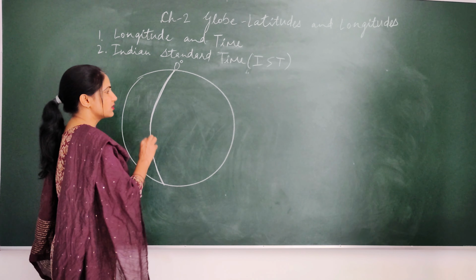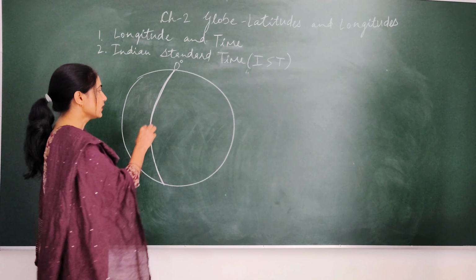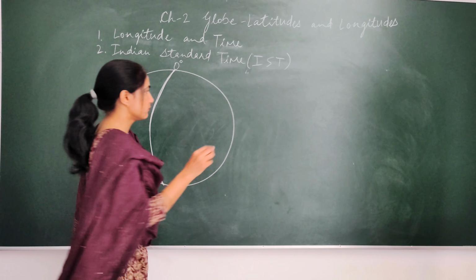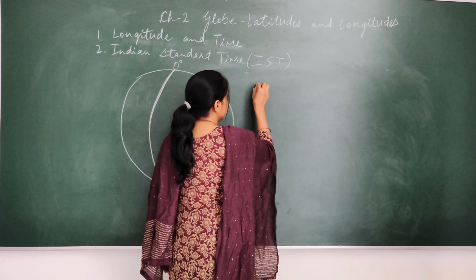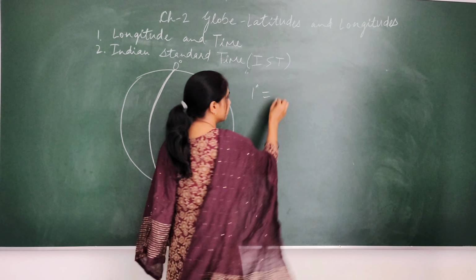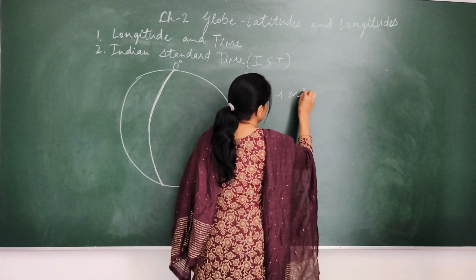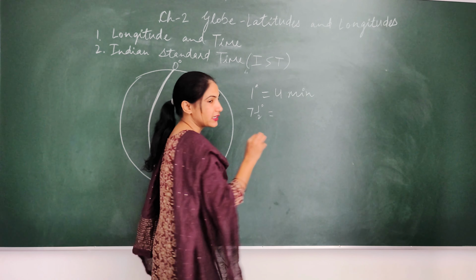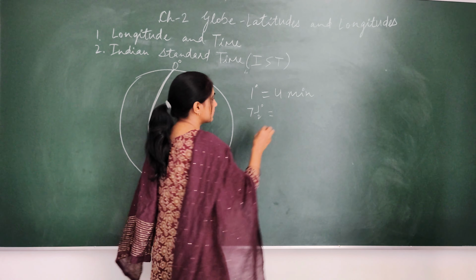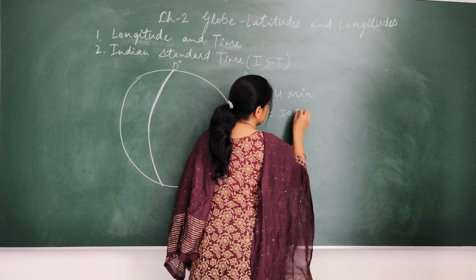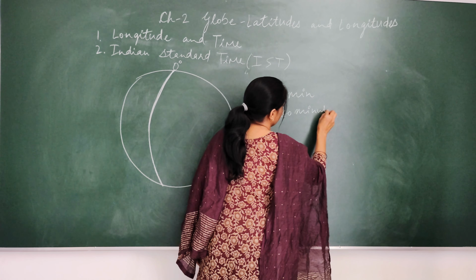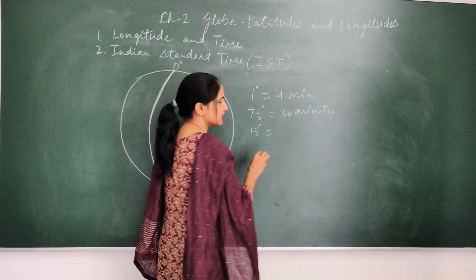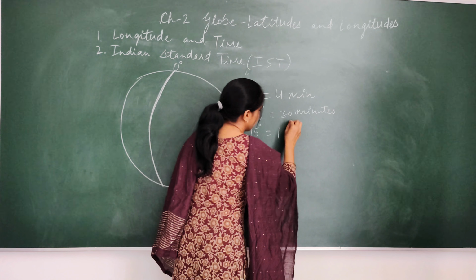So now, the thing is that I'm telling you a formula first. At every 1 degree we experience a 4-minute time difference. At every 7.5 degree, a time difference of 30 minutes. At every 15 degree, a time difference of 1 hour.